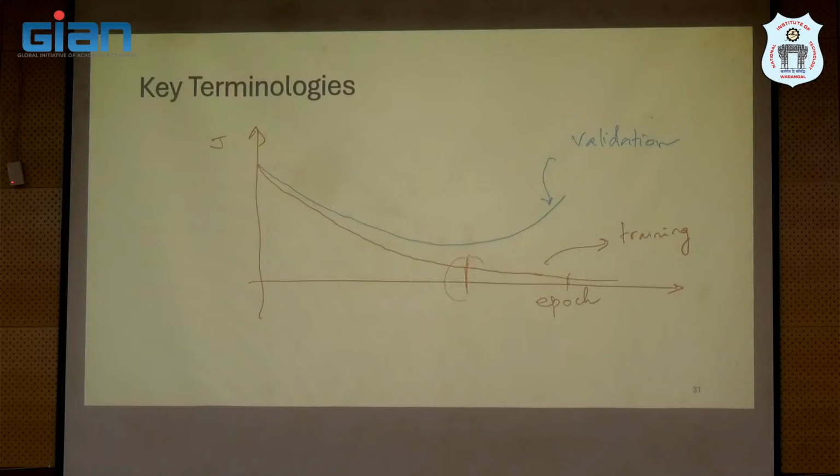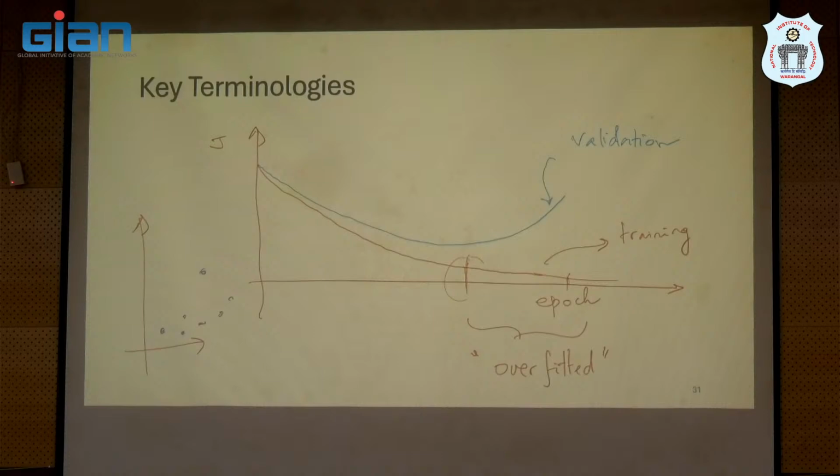What this indicates is the model has started to become overfitted. The model is overfitted. Overfitting of a curve means, in a simple straight line, two-dimensional plane, if you have data points and you are trying to plot a line that is the best fit for these data points, right?